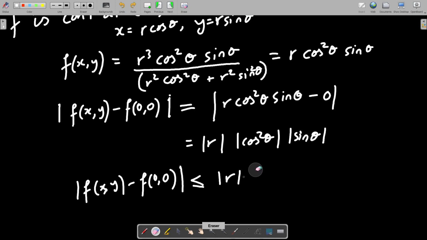Basically, this quantity is nothing but root over x square plus y square, right? So you want this quantity to be less than epsilon.